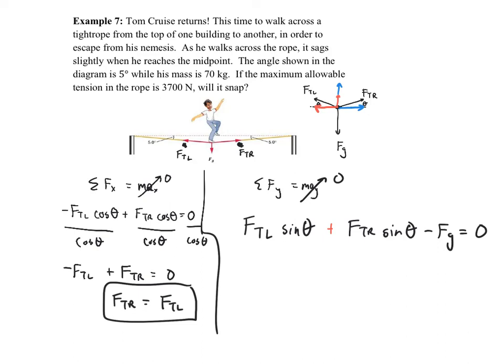But if the objects have the exact same mass, I'll just call them both M, not M1, not M2. So since the tension on the right is equal to the tension on the left, let's replace both of those variables with simply FT, because they're identical. And that gives us only one unknown now.